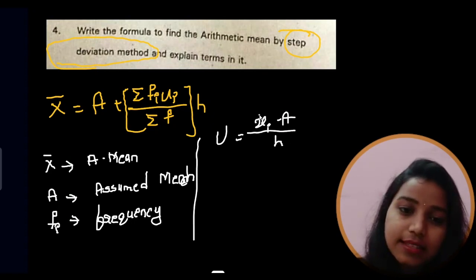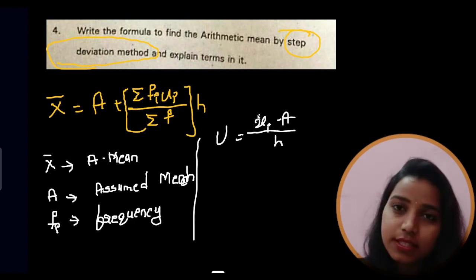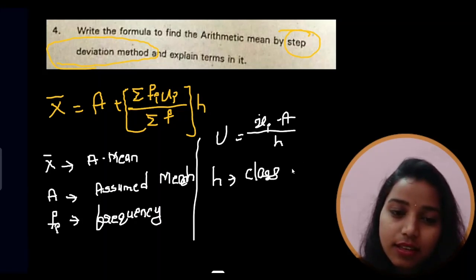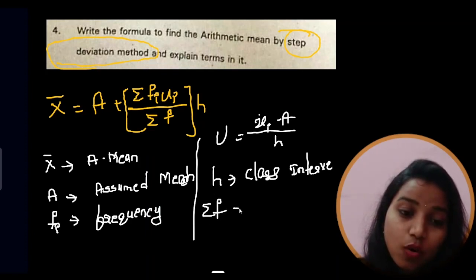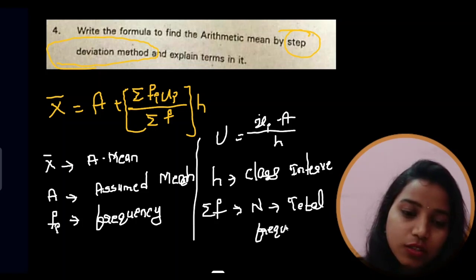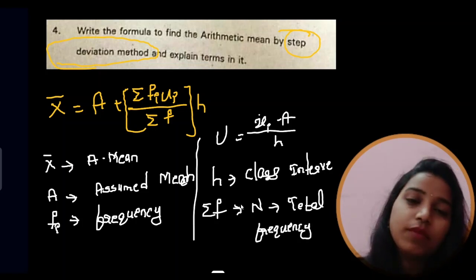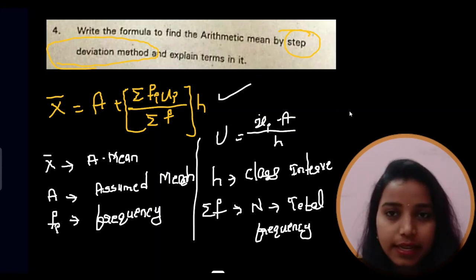Here x_i is the class mark of that particular class, A is the assumed mean, and h is the class interval. Summation of f is nothing but the total frequency, so we can consider n as the total frequency. Fine, so these are the terms in the step deviation method mean formula.